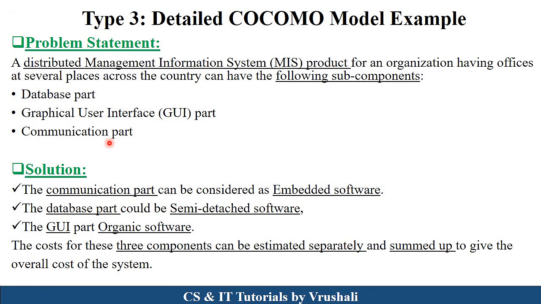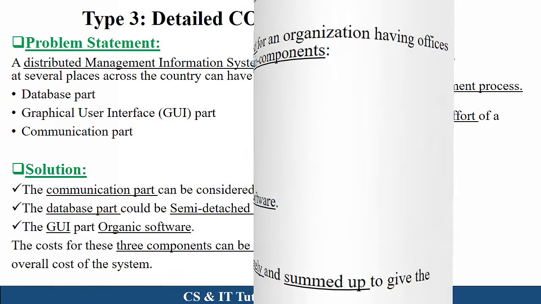The detailed model first identifies their type of project. Suppose the communication part is an embedded type of project, the database part is a semi-detached type of project, and the GUI is an organic type of project. As per that, they apply the formulas of the basic and intermediate COCOMO models. So this is called the detailed COCOMO model.